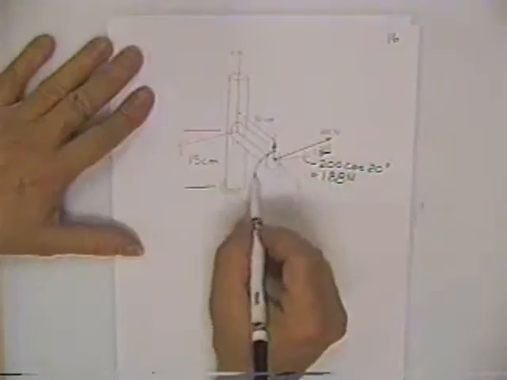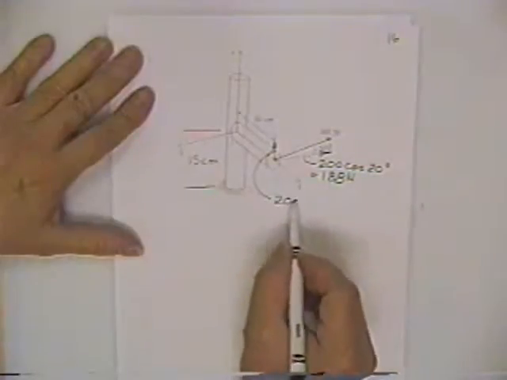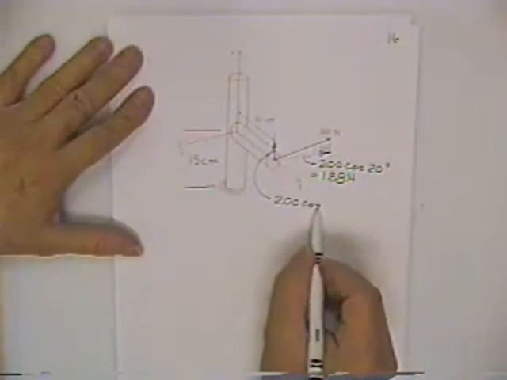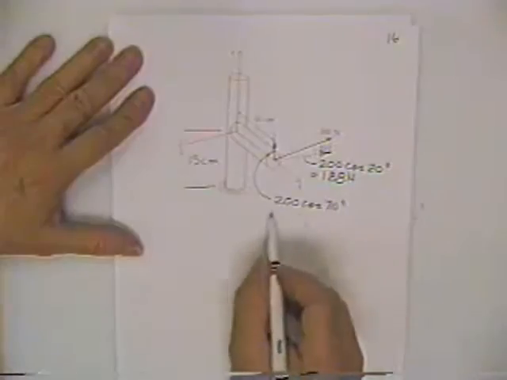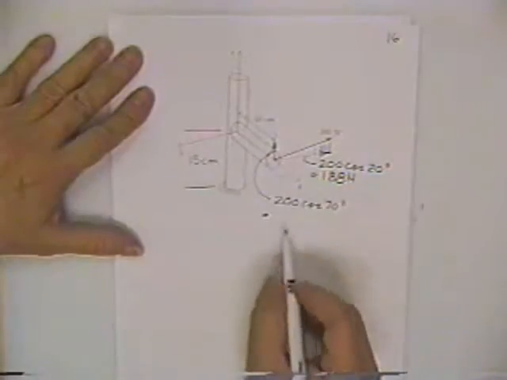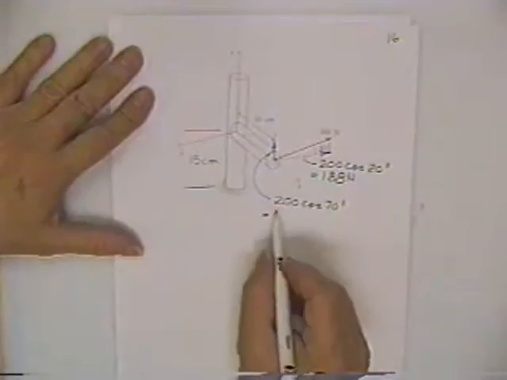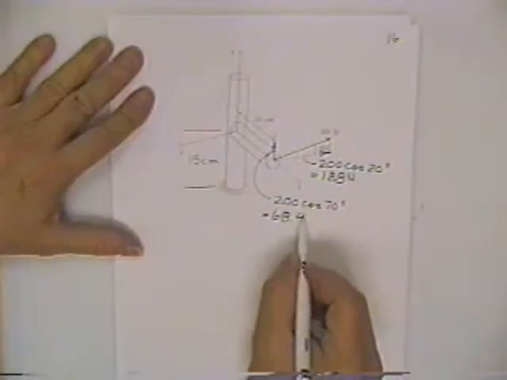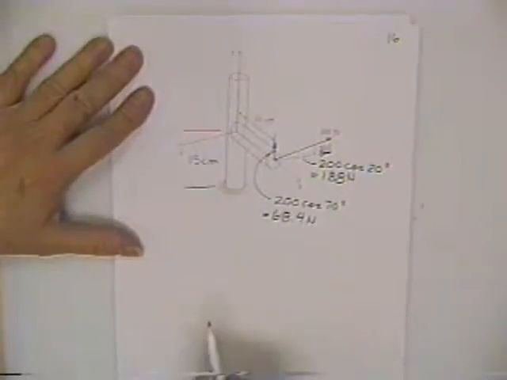And the vertical component would be 200 newtons times the cosine of 70 degrees, for an upward component of 68.4 newtons.